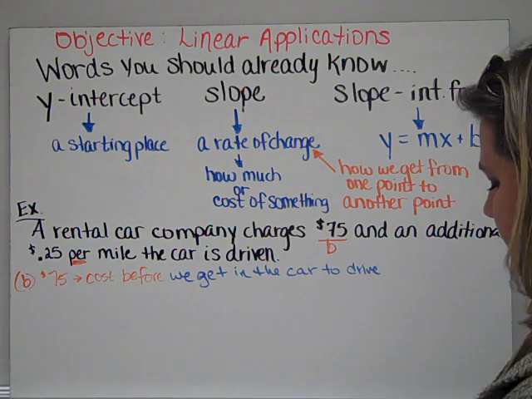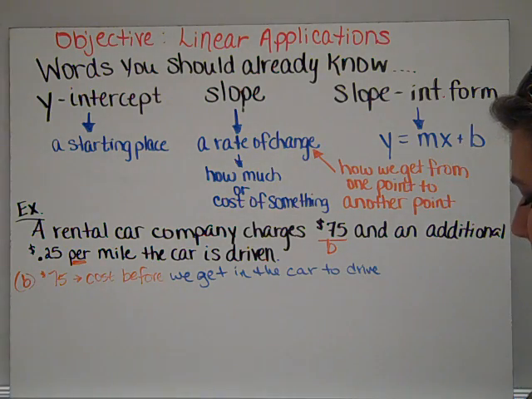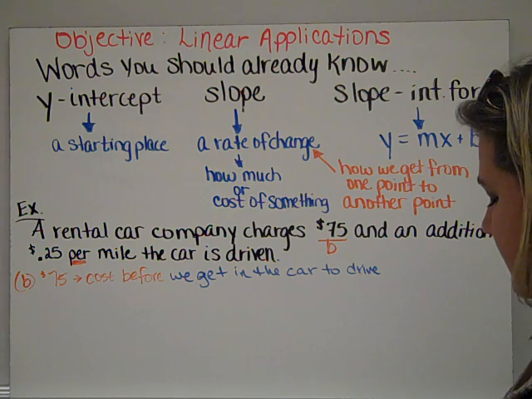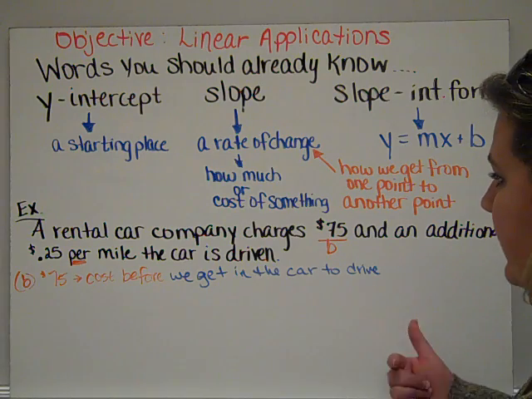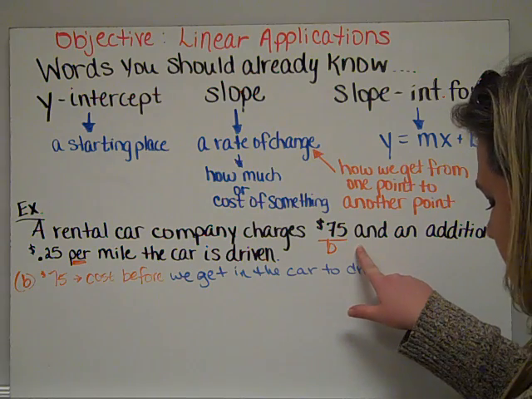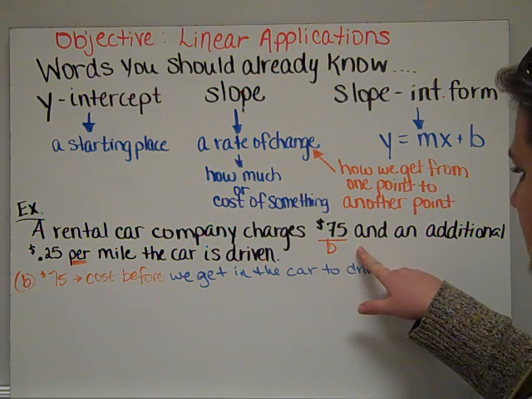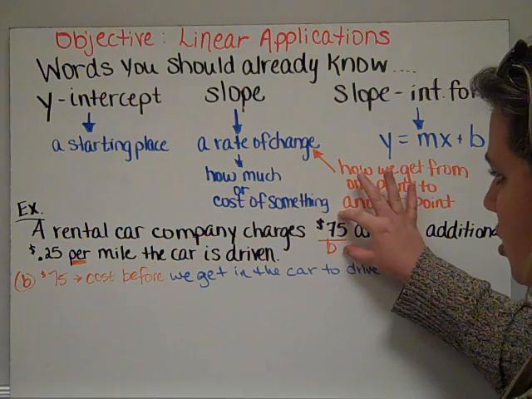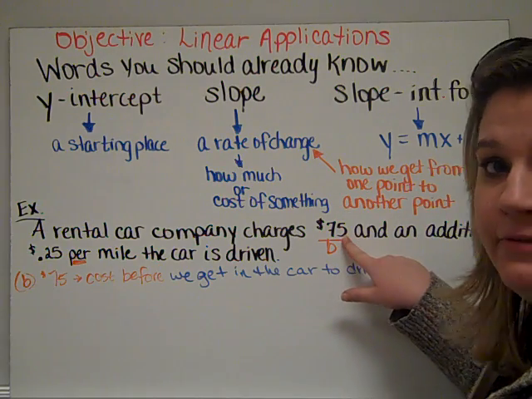Okay? All right. So I want to know what is determining the amount that is being added to our beginning cost. So what's being added to this $75?